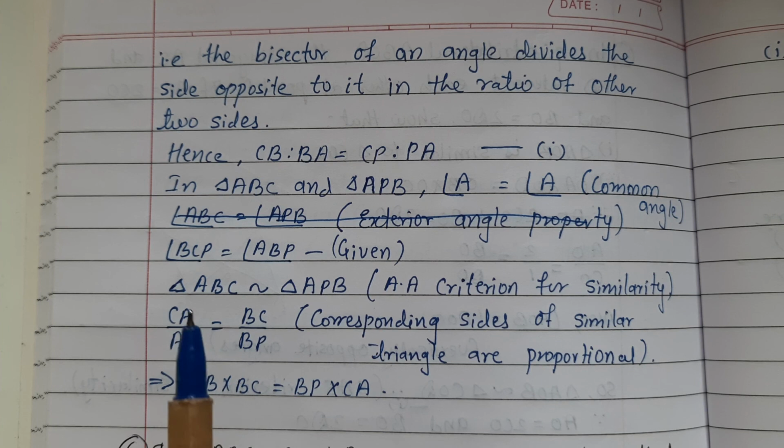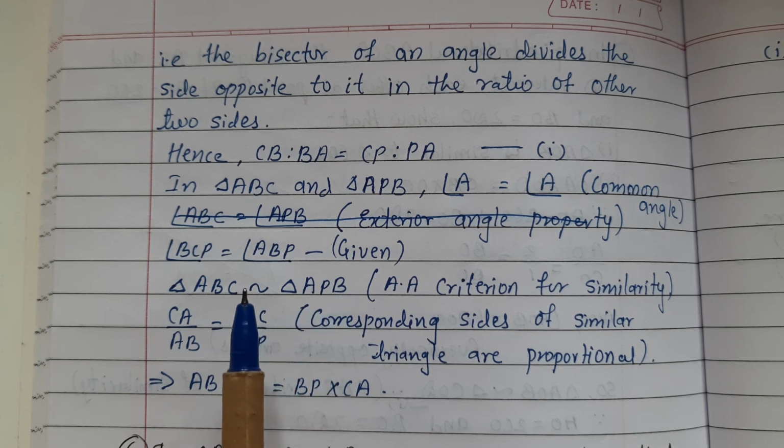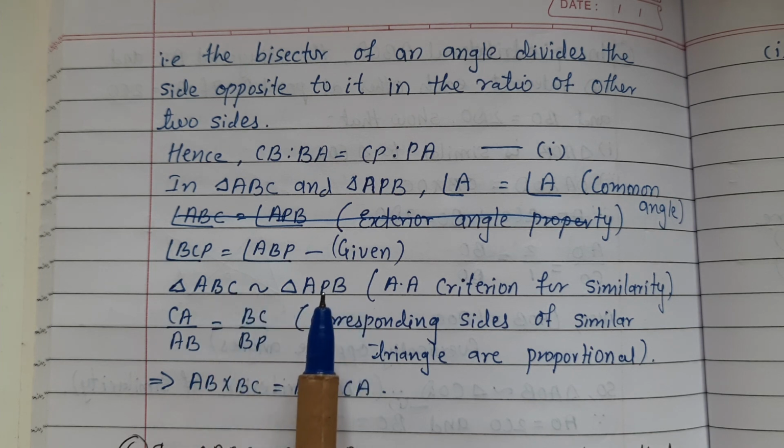Sides are proportional. CA upon AB is equal to CB upon PB. Cross multiply, we get AB into BC is equal to BP into CA.